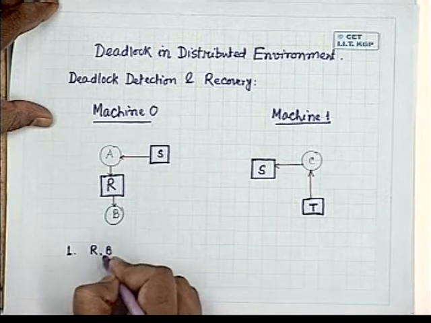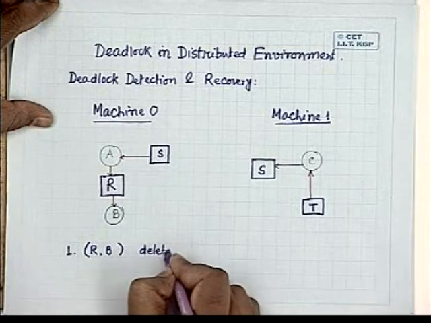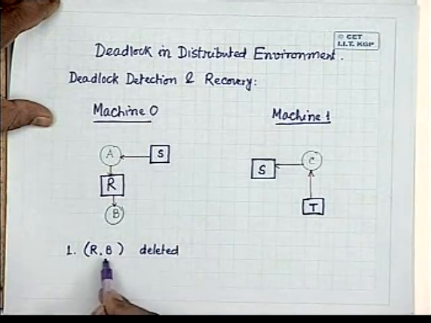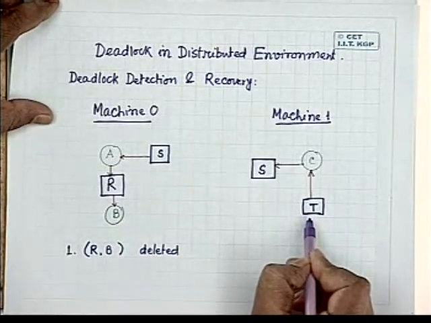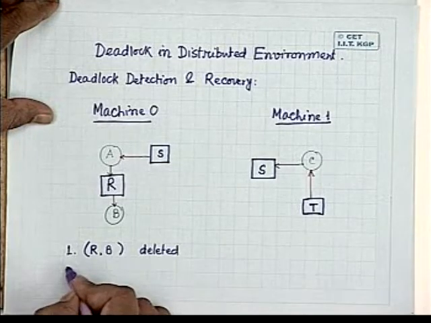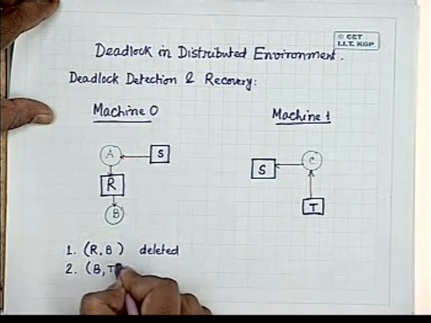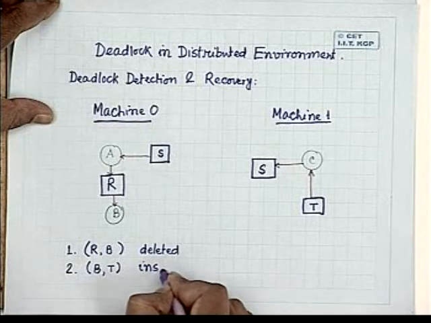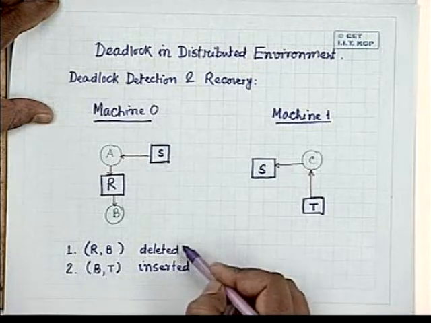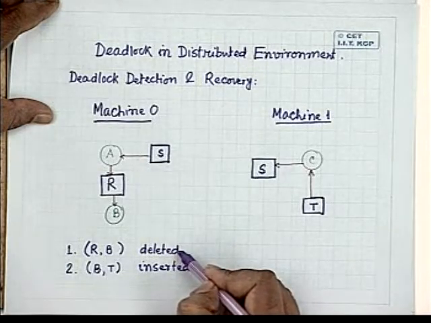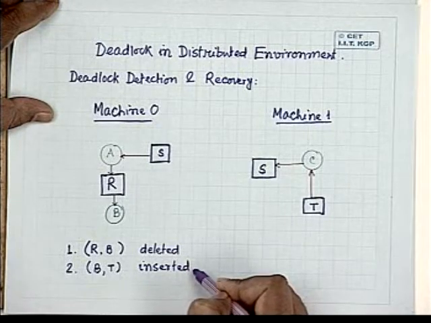After deletion of this edge, process B puts a request for T. So the second one will be that edge BT inserted. This updation information is generated first by machine number 0, and the next updation information is generated by machine number 1.